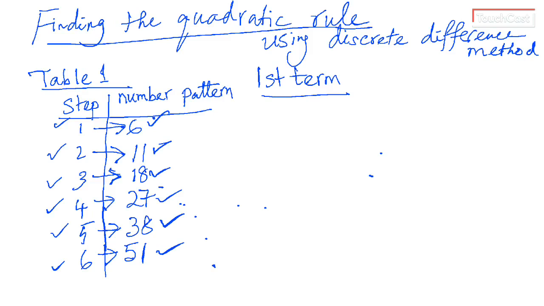Now, if someone asks me how to write the rule, possibly by now the class is well prepared to look at the differences. We have been taught how to find the first difference.